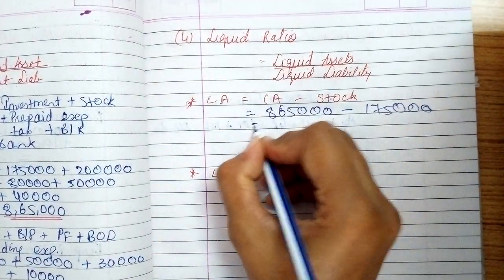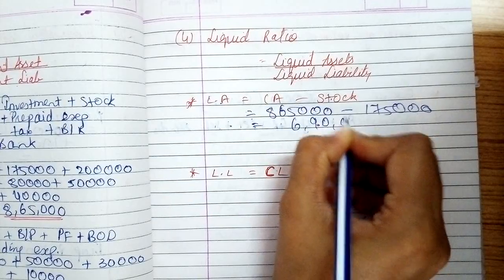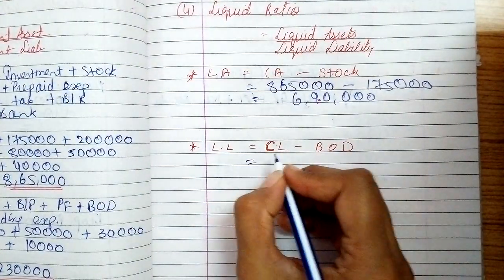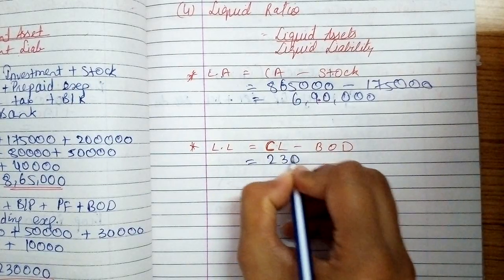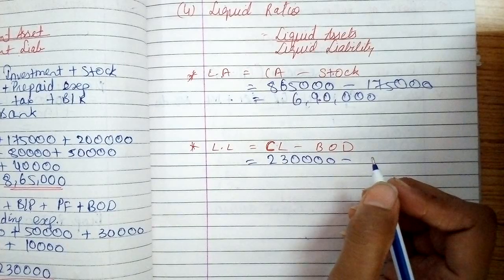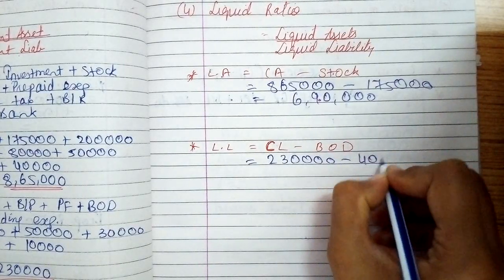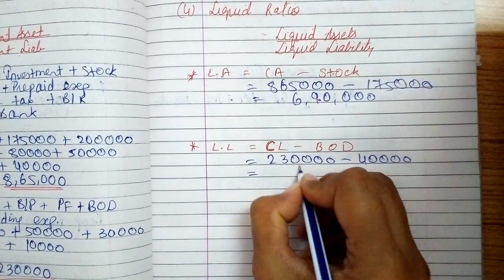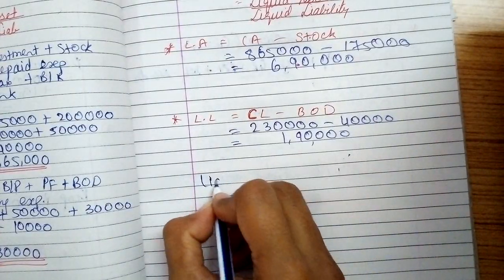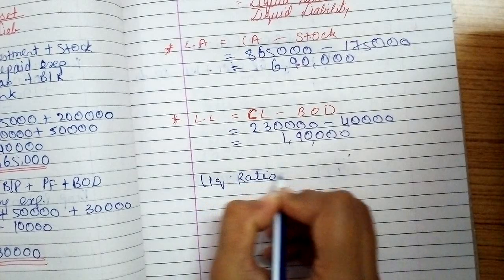So that is 6,90,000, my liquid assets, and liquid liability will be current liability minus bank overdraft. So current liabilities are 2,30,000 and bank overdraft is 40,000. So that is 1,90,000.